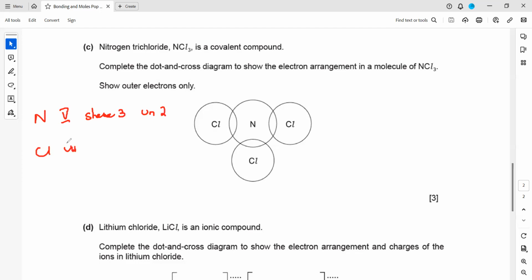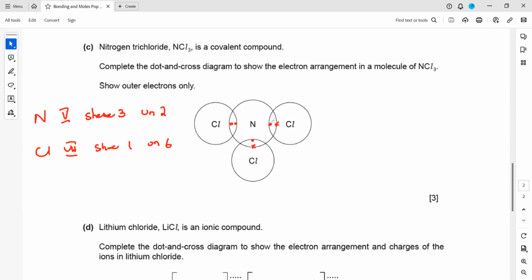Chlorine belongs to group 7. How many does it need to complete the octet? 1, so it will share 1, and 6 will be unshared. So here, we start with the atoms surrounding the nitrogen. Chlorine shares 1, nitrogen shares 1. Chlorine shares 1, nitrogen shares 1.